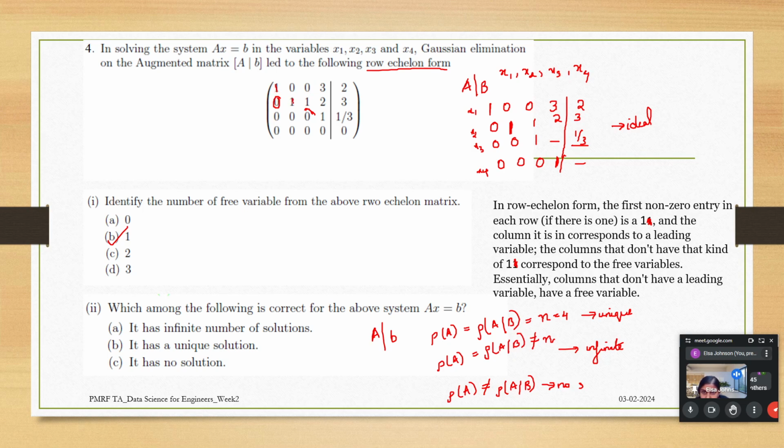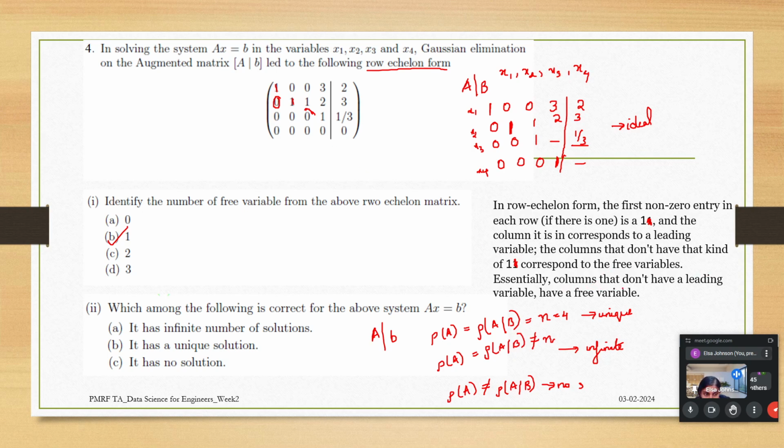Then here also the first non-zero entry is coming, but for the third variable there is nothing coming in that fashion. Only for the fourth one the first non-zero entry is coming, like 1. So x1, x2 and x4 are the leading variables.